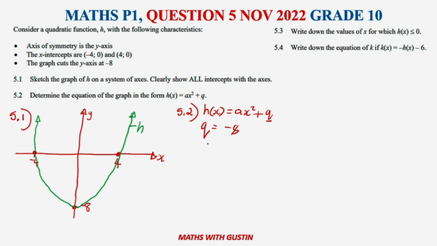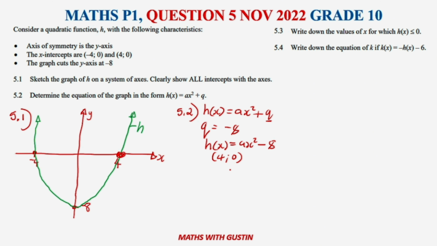So with that said, now we can substitute -8 into our equation. Therefore, we're going to have h of x is equal to ax squared minus 8. We can choose any point between this point here and the other x-intercept. So I'm going to choose the point 4, 0.